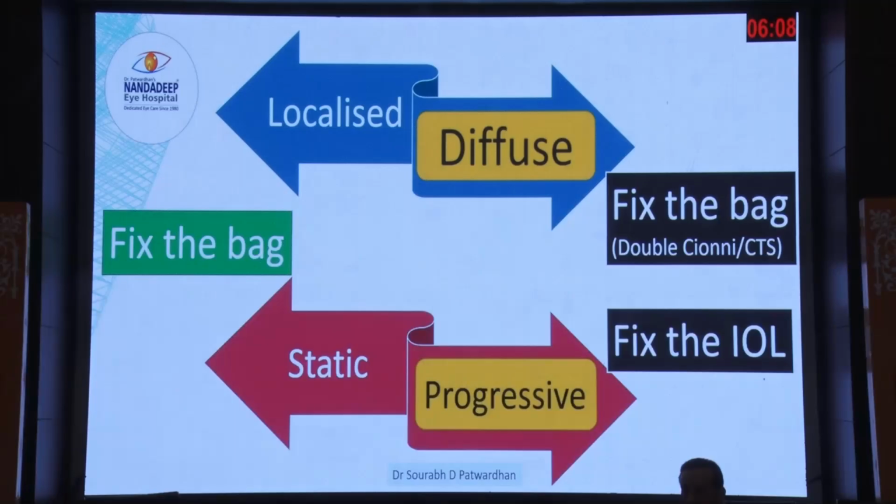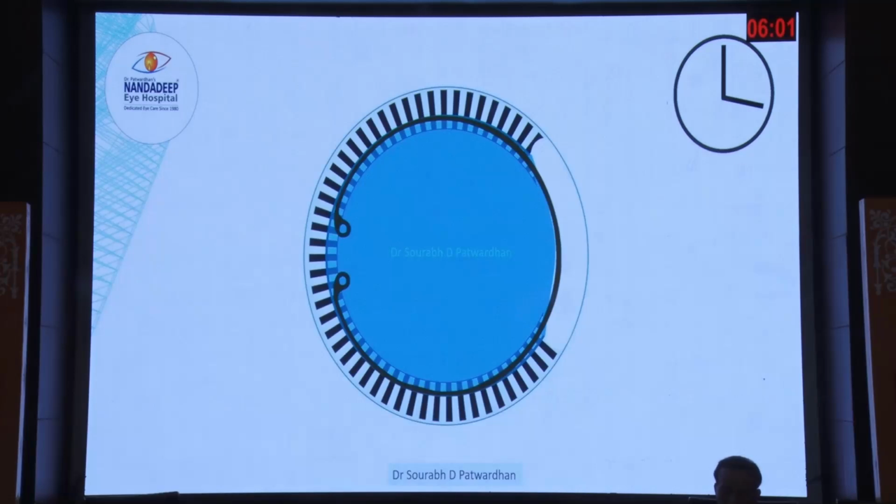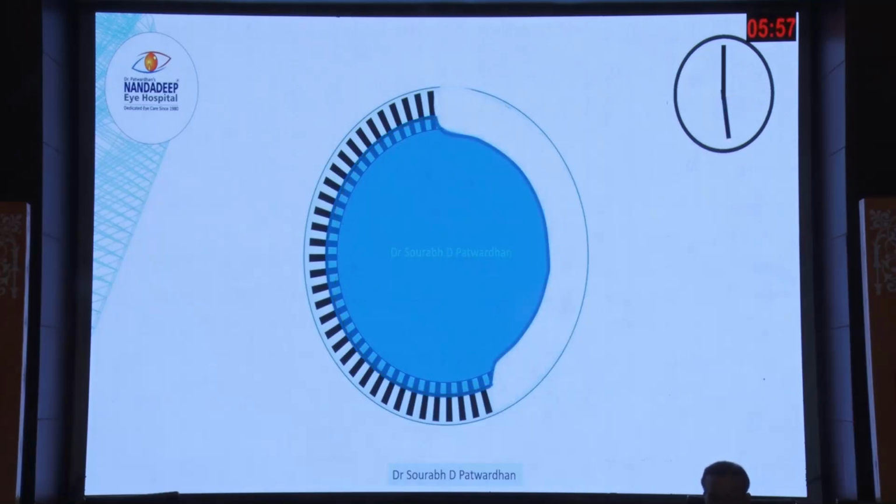Many times the problem happens when we are not sure what procedure we are going to follow. If it is a small area, like 3-4 clock hours, it can be treated by just a CTR.